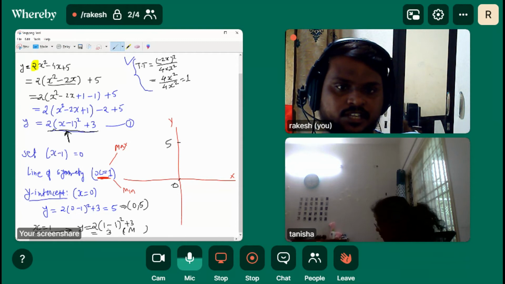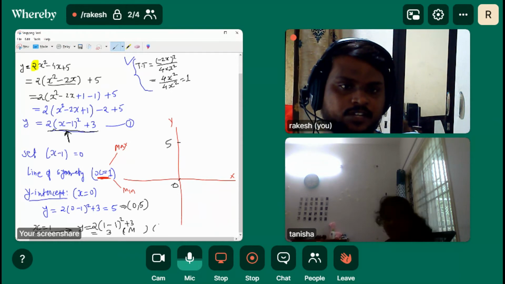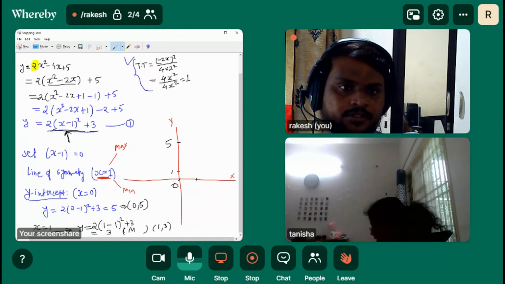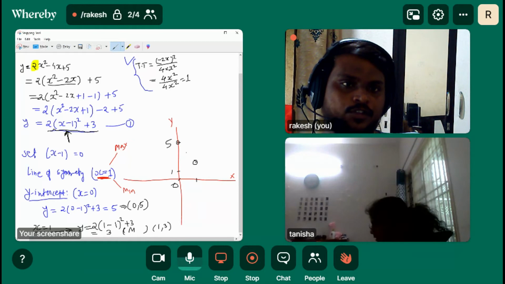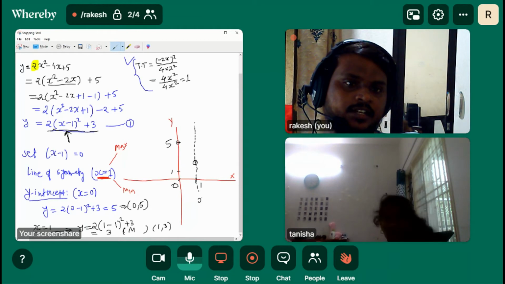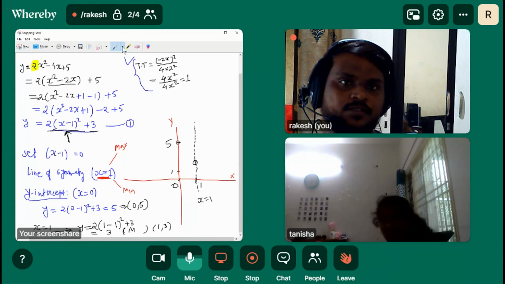And 1 comma 3 is one of the points on the graph. 1 comma 3, we are not sure whether it is maximum or minimum, so 1 comma 3 will be somewhere here, right? 1 comma 3, 0 comma 5, and this is the line of symmetry. X is equal to 1 is the line of symmetry.